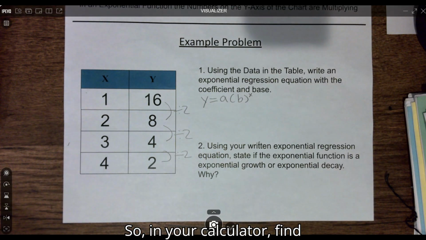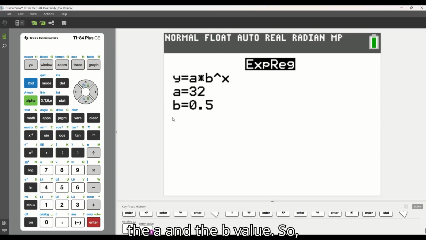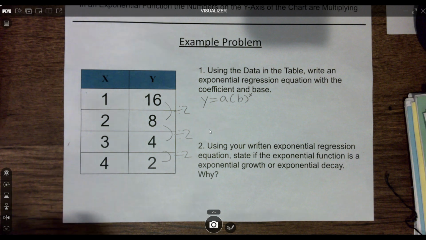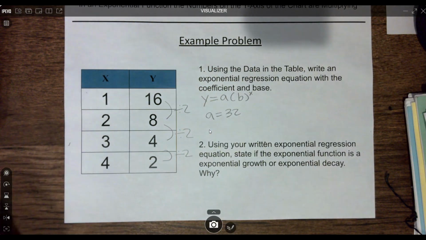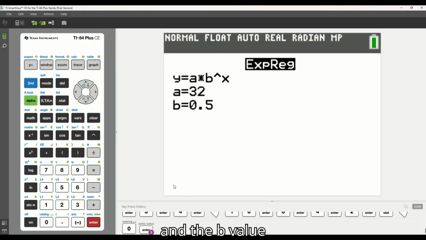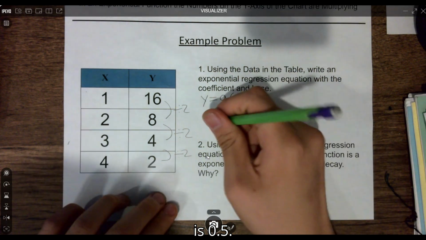So, in your calculator, find the a and the b value. So, in here, it says that the a value is 32, and the b value is 0.5.